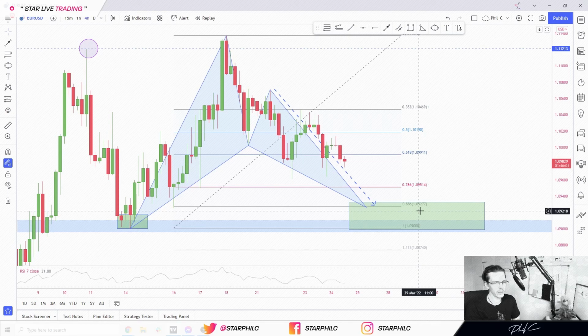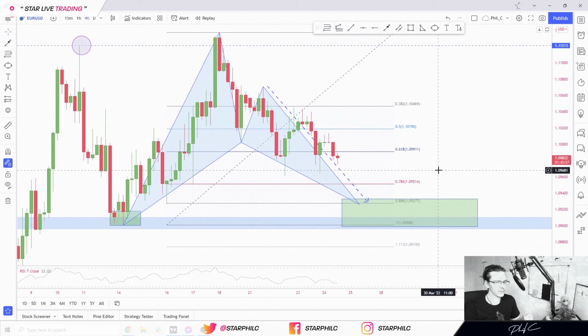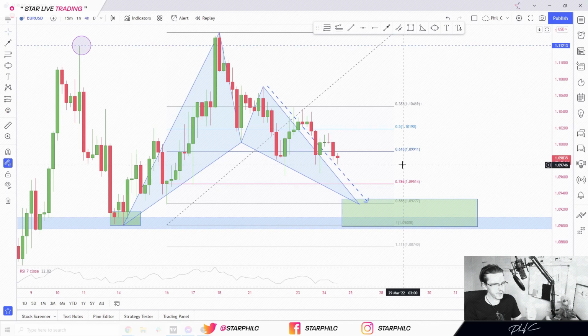But what I am guaranteed, and here's a point here, what I am guaranteed is that every time on the euro dollar on the 4-hour time frame, if a bat pattern presents itself, I know my numbers. In trading, knowing your numbers is business, and you treat trading as a business. I always say, if you do that, trading will treat you as a business, not just any business, a profitable business.